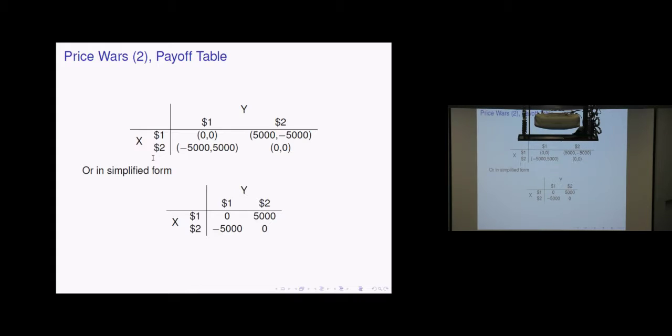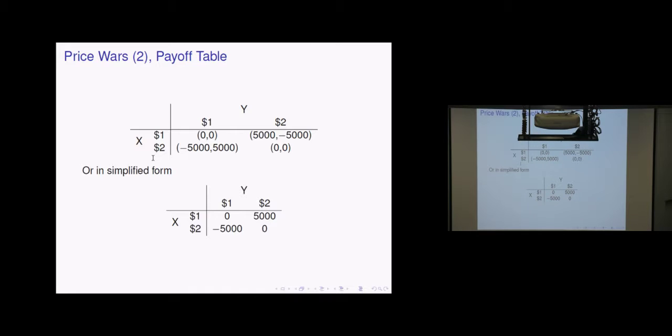Now, if one company charges $1 and the other charges $2, then this company gets 5,000. The other one gets 0, but he has a cost of 5,000, so he loses 5,000. The same for here, and the story is the same if both of them charge $2. So we set up a zero-sum game like this.